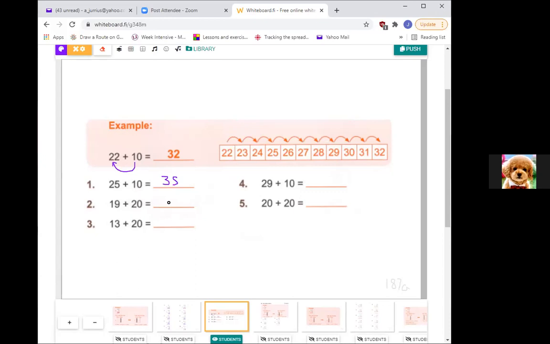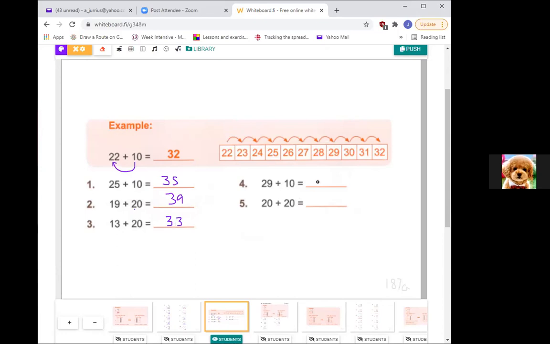It's a little harder. 20 plus 19 equals 39. Obviously it wasn't harder. Very nice, thank you. Mason, can you do number 3? 33. Perfect. 13 plus 20 is 33.